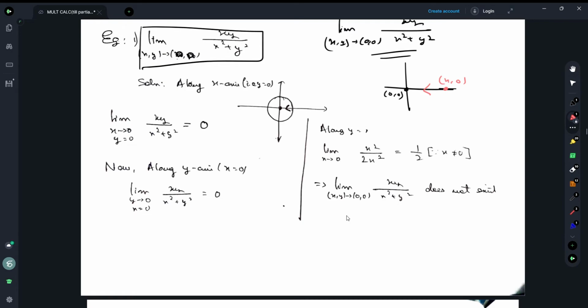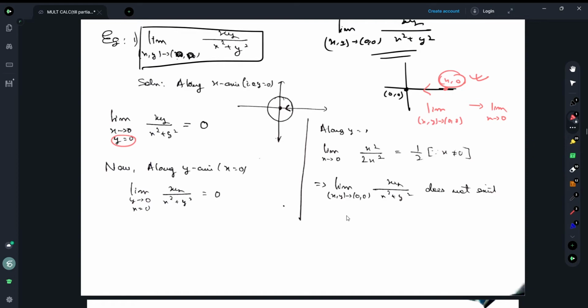Now if we take a point on the x-axis, then the limit as (x, y) tends to (0, 0) automatically changes to the limit as x tends to 0, because y is already 0 here, right? So we can convert this limit to the limit as x tends to 0, where y equals 0, of the given function, and we can obviously see that the value of this function is 0, right?